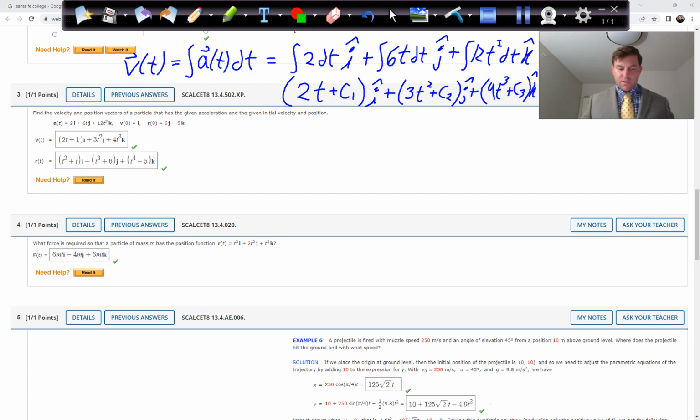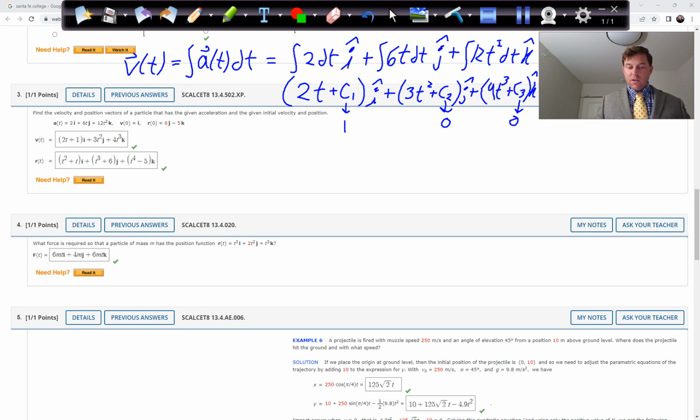But then they tell us, if your time is 0, the velocity collapses to just the i vector. So if all my t's become 0, and the only thing that's left is i, that means c2 has to be 0, c3 has to be 0, and c1 has to be 1.